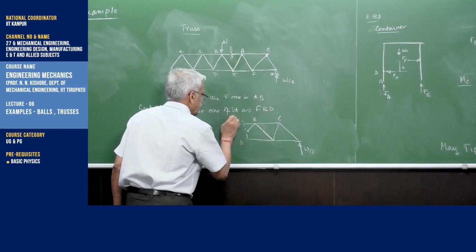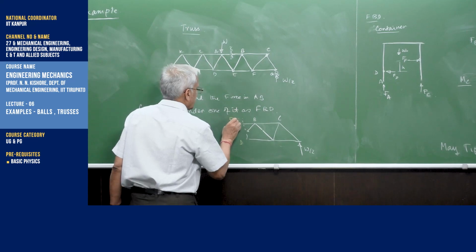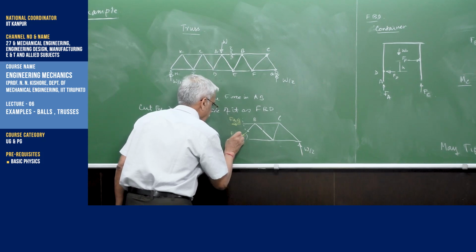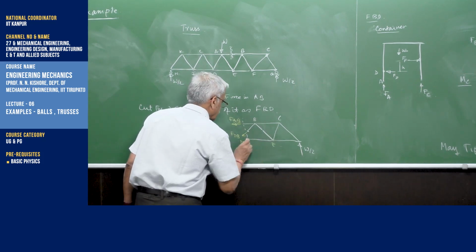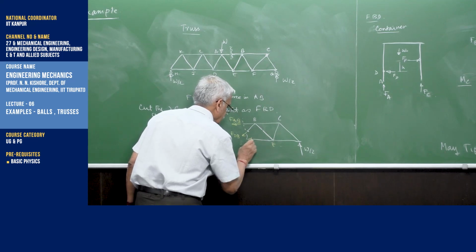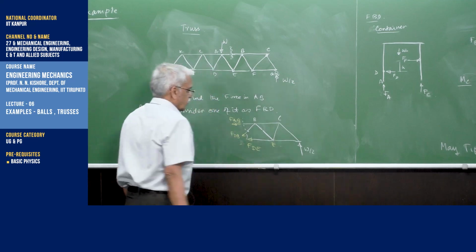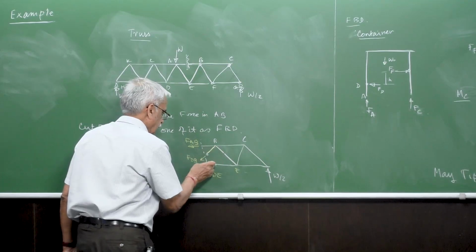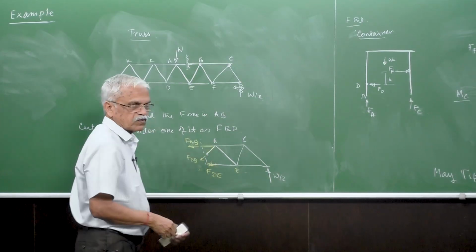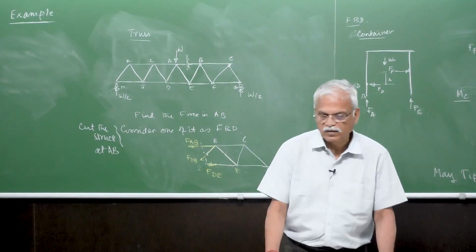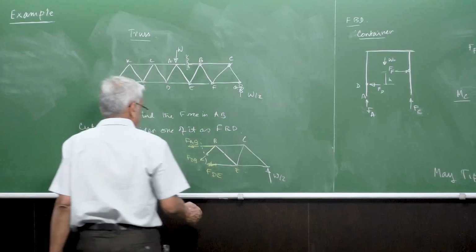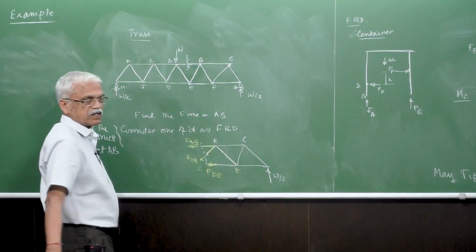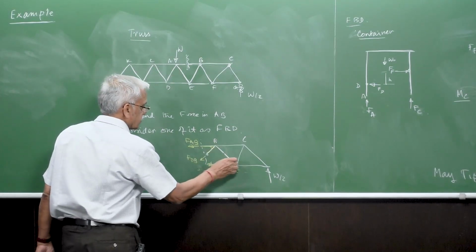So this is FAB, and this is FDB, and this is E, this is F. There are three forces acting on these three members, and axially, obviously, because we know that the force in these members is along the direction of the axis. So there's an FAB, an FDB and an FDE. So there are three forces. We know the directions, they are all at 60 degrees or horizontal.